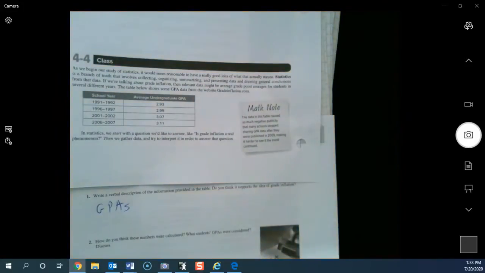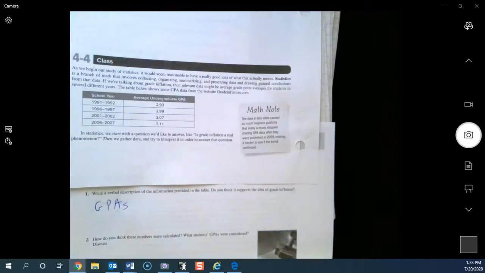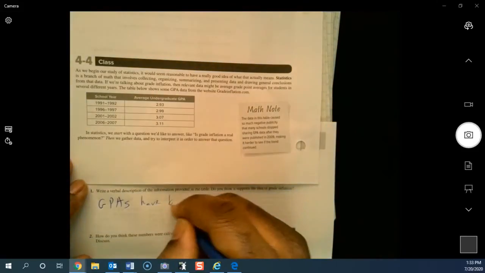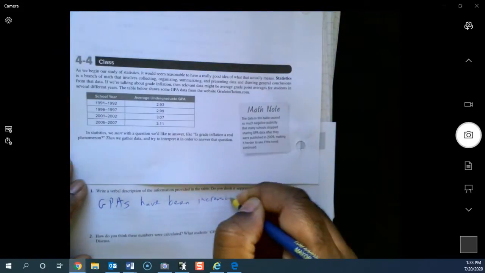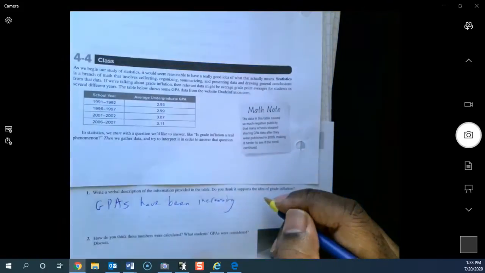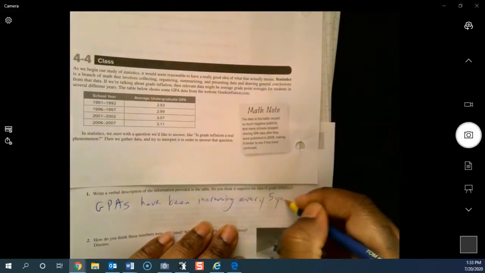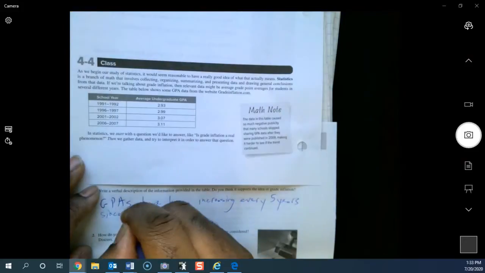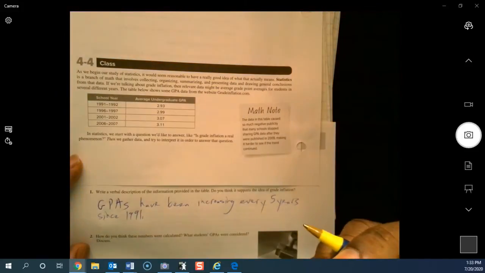I could slide it down. If you look here, you notice GPAs have been increasing. So we could say GPAs have been increasing every 5 years since 1991. That's one conclusion that we come up with.